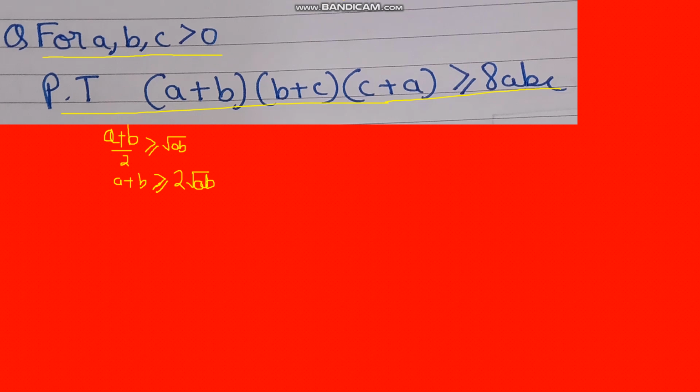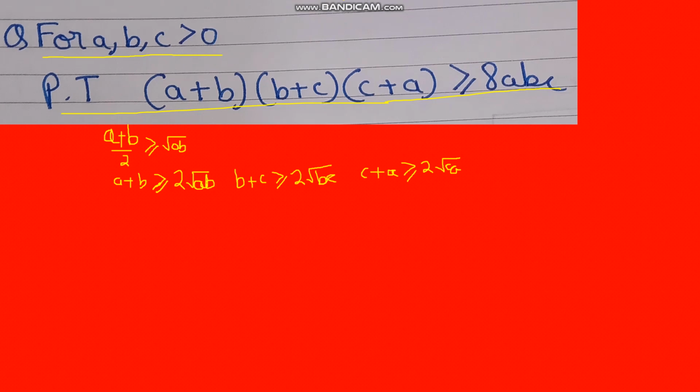Again, we can write similarly B plus C is greater than or equal to 2 root BC. Then again we can write C plus A is greater than or equal to 2 root CA, AC or CA as you will write, your choice.